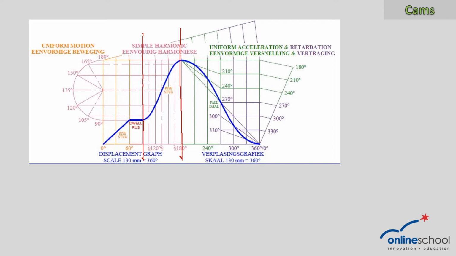However, for the simple harmonic motion, we have to do the extra construction of the half circle, and in the last part, the uniform acceleration and retardation, we also have to do the segment heights of the line, and that construction is a must-have. And please remember that the number of segments on the x and y axes must be the same. And that concludes the three different movements of the follower.